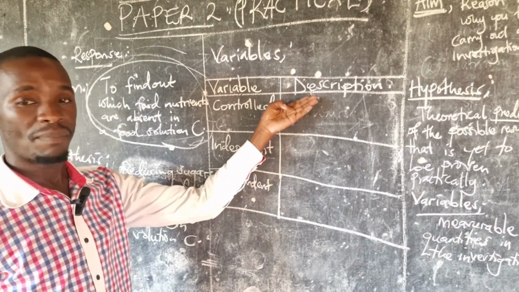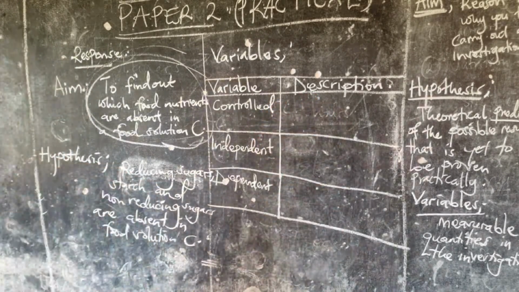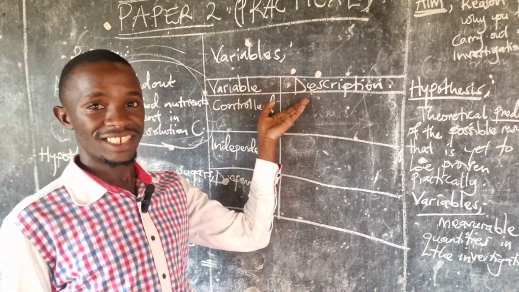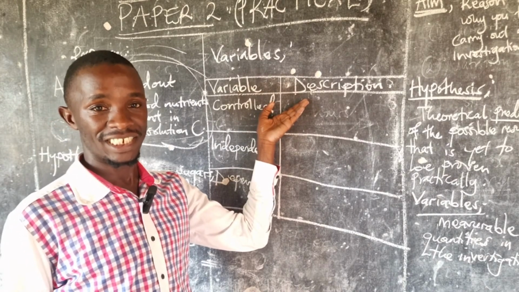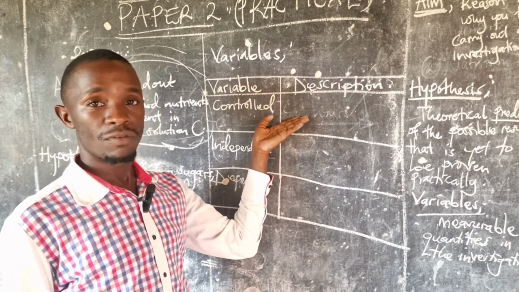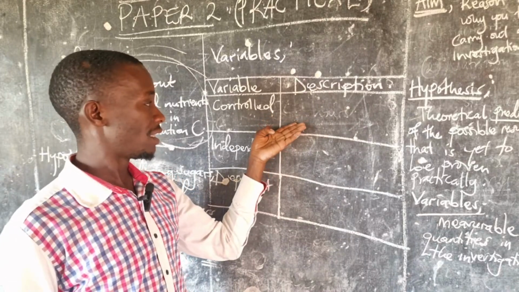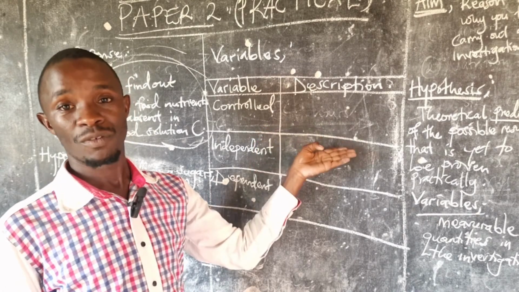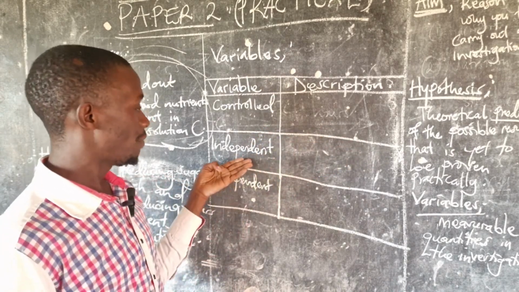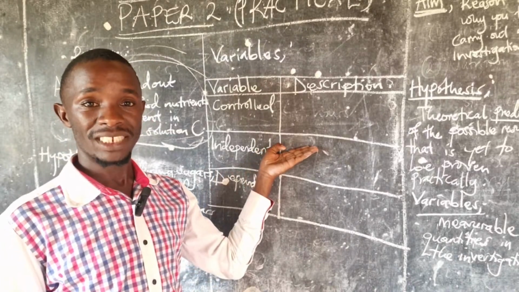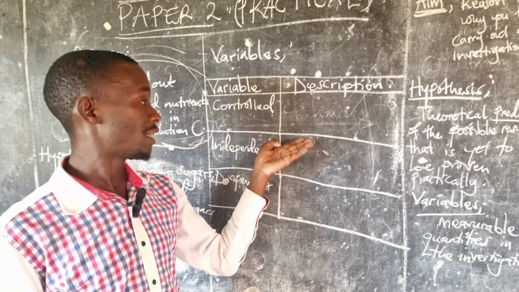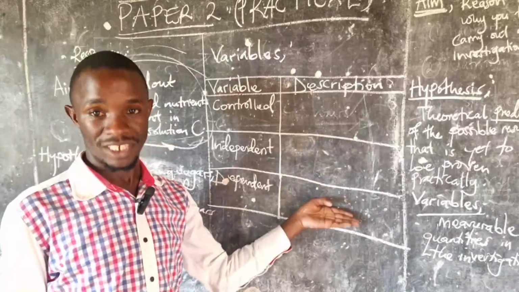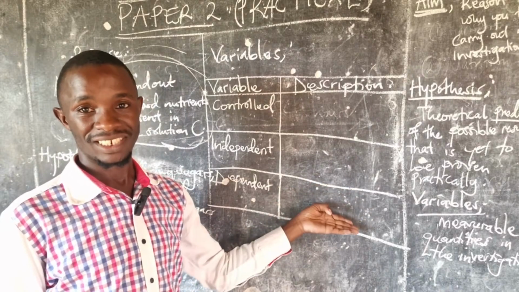If I'm to use the example I gave you, the controlled variables will be number of players playing at a certain time per team, the size of the playing court, the size of goals used, and halves of the games. The independent ones will be the quality of players and the tactics used, the ones that are valid. The dependent will be, the results will be the number of goals scored per team as descriptions.